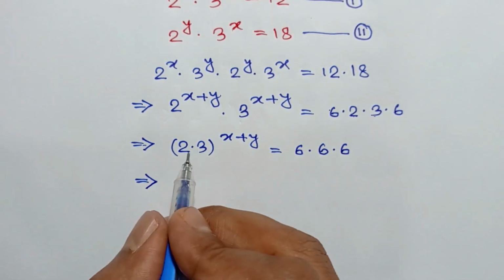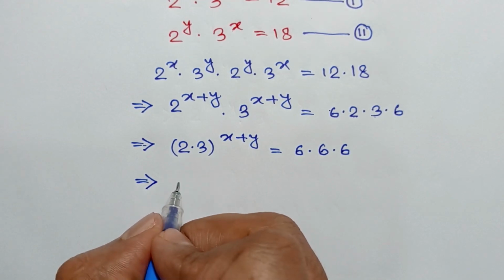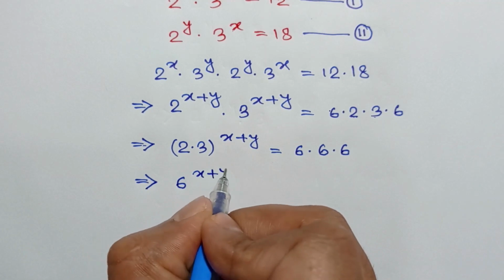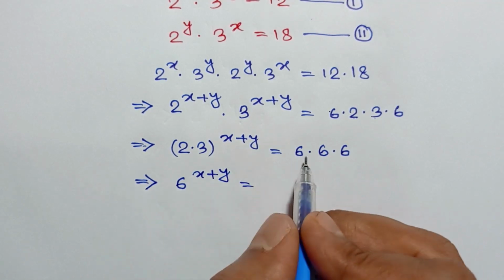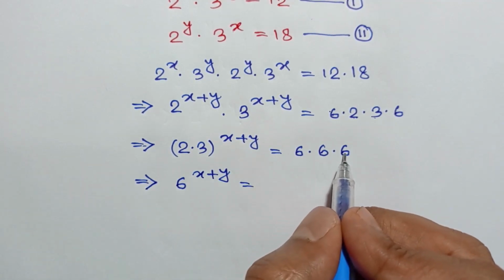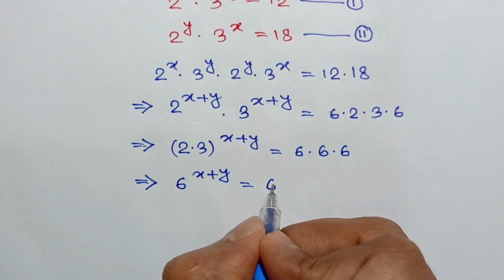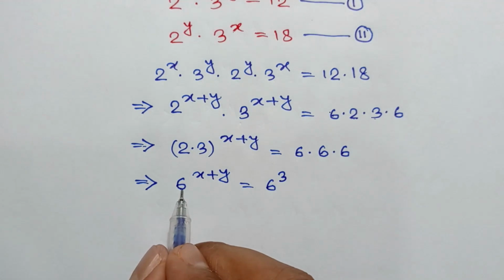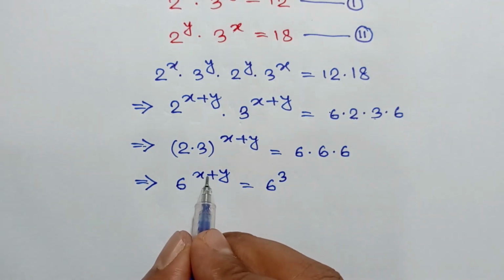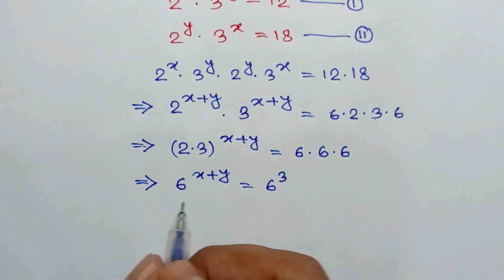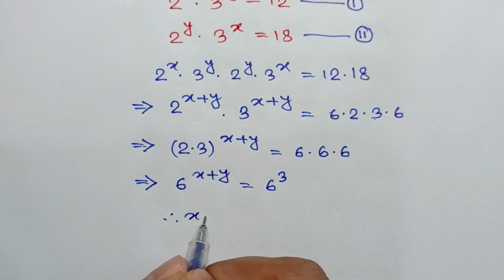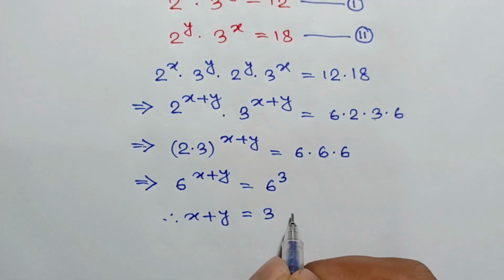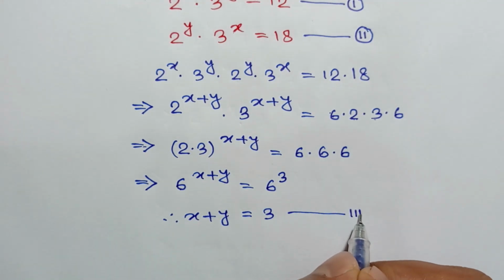Or 2 times 3 is 6, so 6^(x+y) is equal to 6 times 6 times 6, which is 6 cubed. Here the bases 6 are the same, so the powers will be equal, so we can write x plus y is equal to 3. Call it equation number 3.